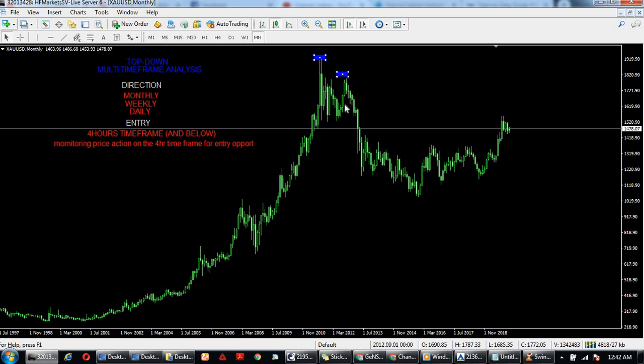breaking high of gold. And then from that point we had a swing low, and then we had another swing high, and then we had another swing low. So we can now see gold making a series of higher highs and higher lows.